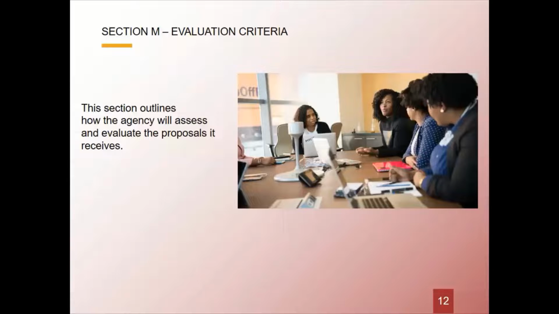Okay, let's see if there's any more. What's the best way to find partners to bid on contracts? I am new and I don't have past performance metrics for the government. Okay, that's another good one. There are a couple of different ways to do that.